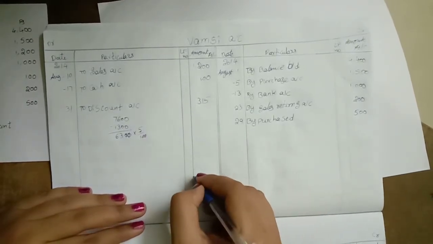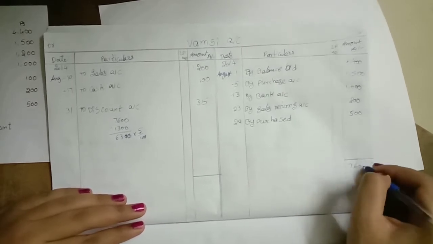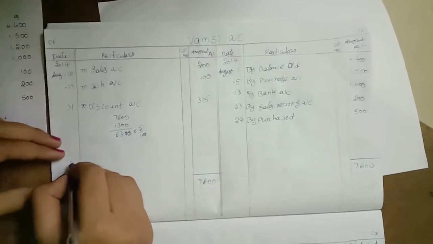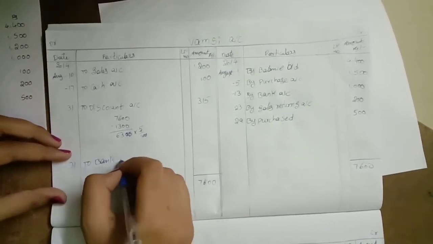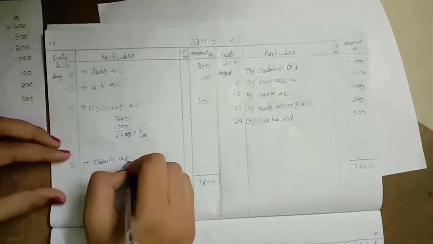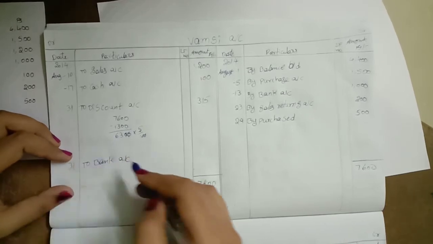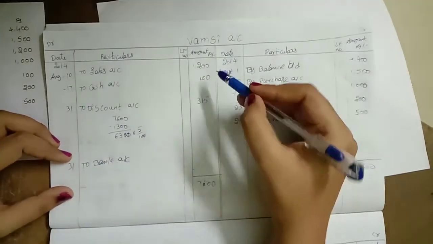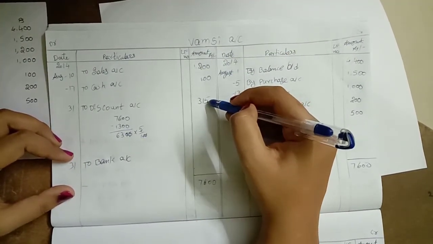So now we have to tally. This is 7,600. 31st to bank account, because the full settlement is going on. So we have to deduct from 7,600 the discount amount.